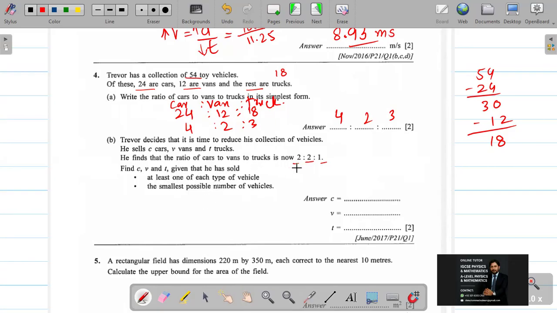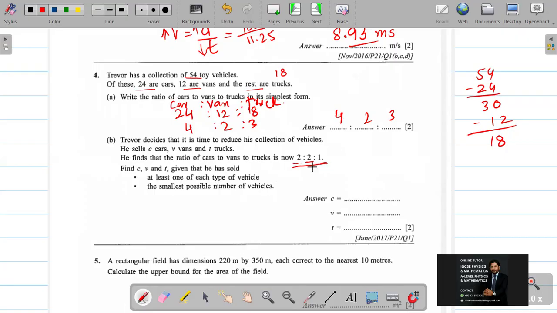So by the given ratio, if I look at this, I have a total of 54 cars. I should sell at least one of each, and I will also have to write the smallest possible number of vehicles.